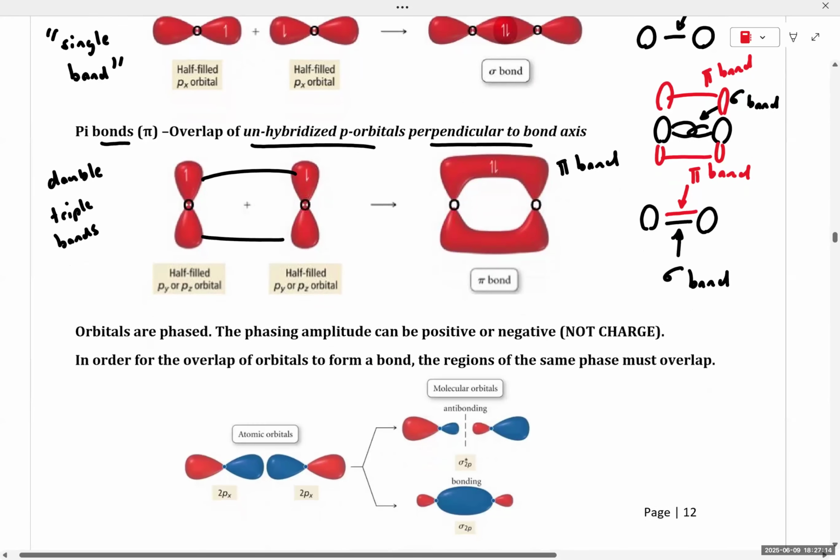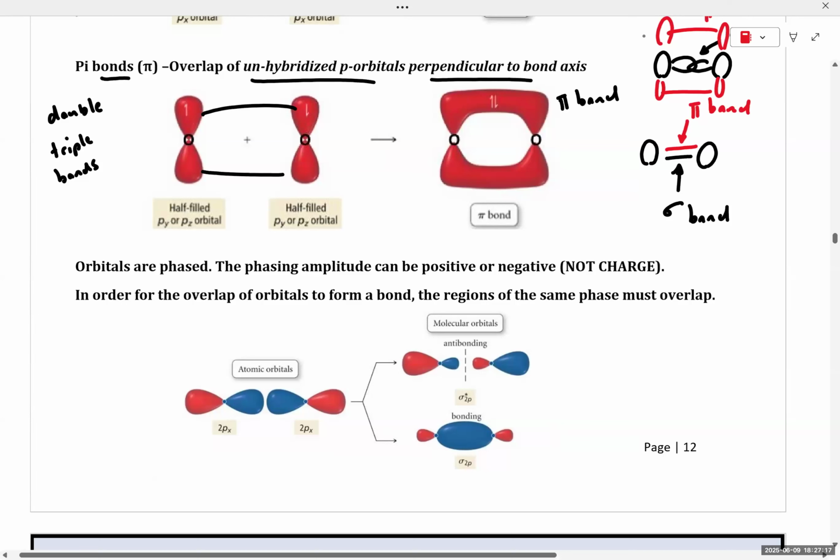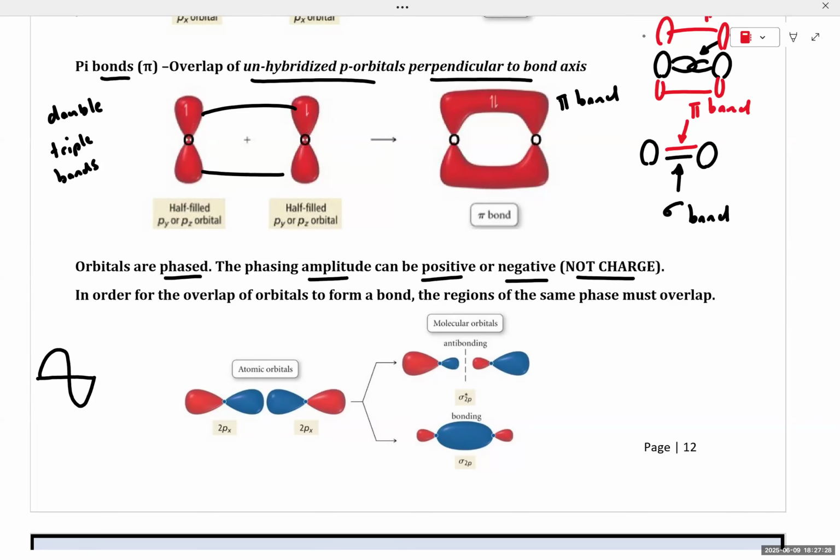Now, it's really important to note that orbitals are phased, and the phasing amplitude can be positive or negative. This is not charge. This is closer to in physics when you have a wave. There are regions of positive and negative amplitude. Depending on the phasing, this phasing can be either constructive or destructive, bonding or anti-bonding.